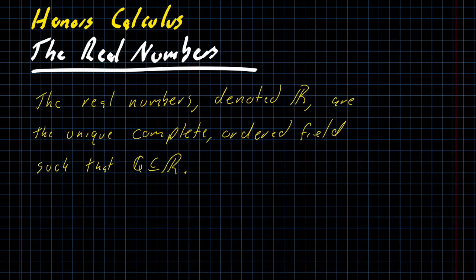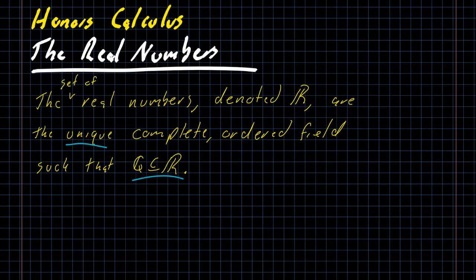The real numbers, which are denoted using a blackboard bold R, or I guess to be more technically correct, this should be the set of real numbers, are the unique, complete, ordered field such that the rational numbers Q are a subset of R. Unique hopefully makes sense. There's exactly one set that satisfies this condition. Q is a subset of R. Again, should make sense. We talked about subsets last time.